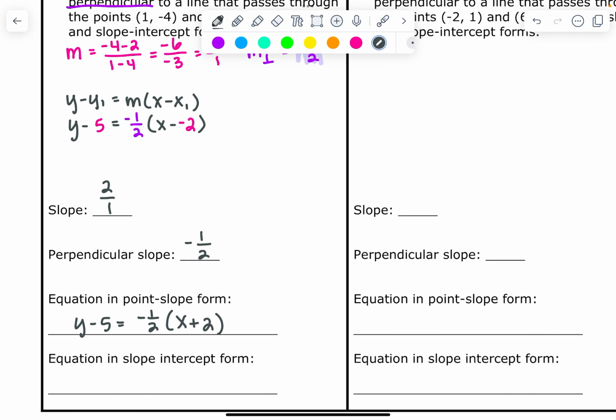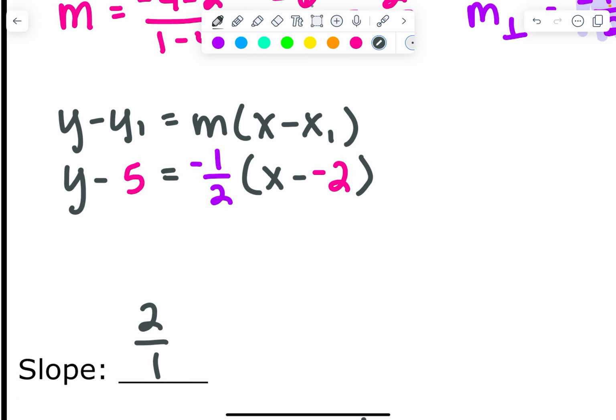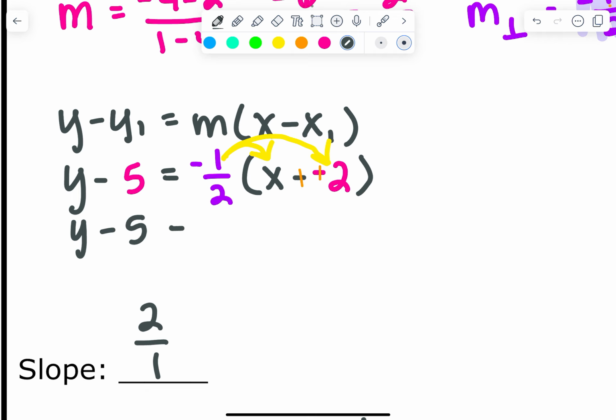And then to change it to slope intercept form, we are going to distribute this -1/2, making this y minus 5 equals -1/2 x. And then half of 2 is just 1. And negative times a positive is negative, so that's -1.